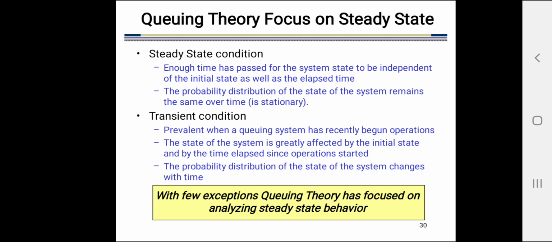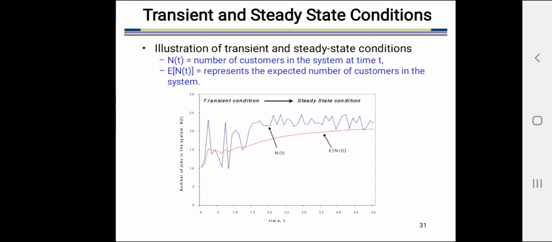What are transient conditions? They are prevalent when a queuing system has recently begun operations; the state of the system is greatly affected by the initial state and by the time lapse since operation started. The probability distribution of the state of the system changes with time. So, an illustration of transient and steady state conditions.